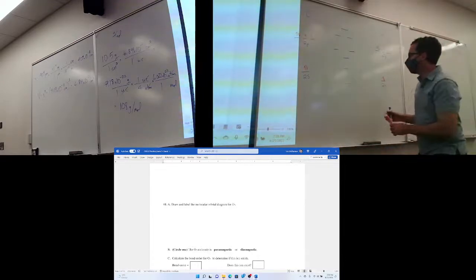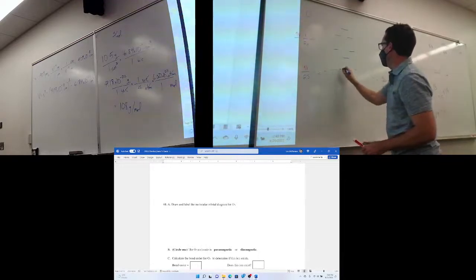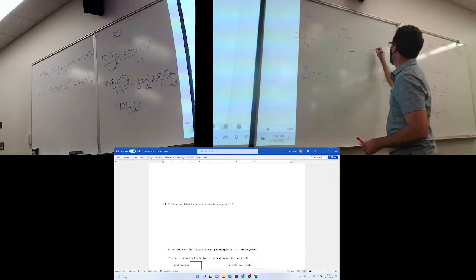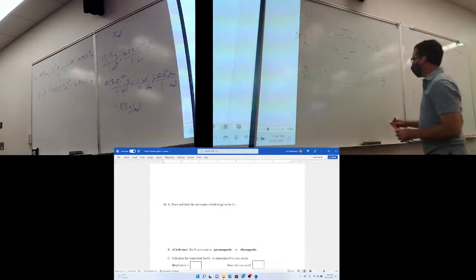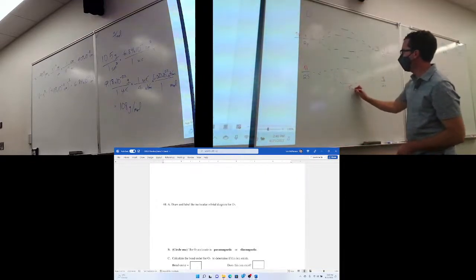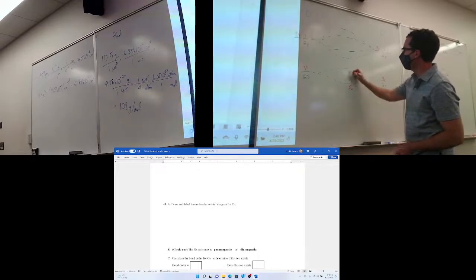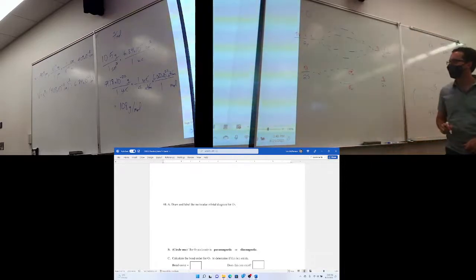So, label-wise, just kind of showing where these come from. Sorry if the lines are a little big. This line here is your sigma bond from your s orbitals. This is your sigma antibond. We use a star to denote it, from your s orbitals.